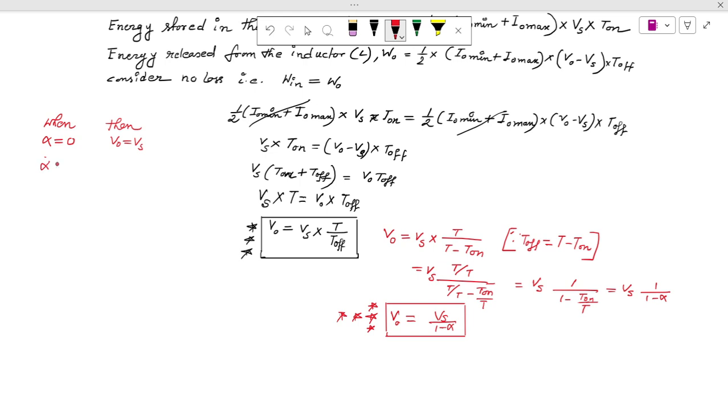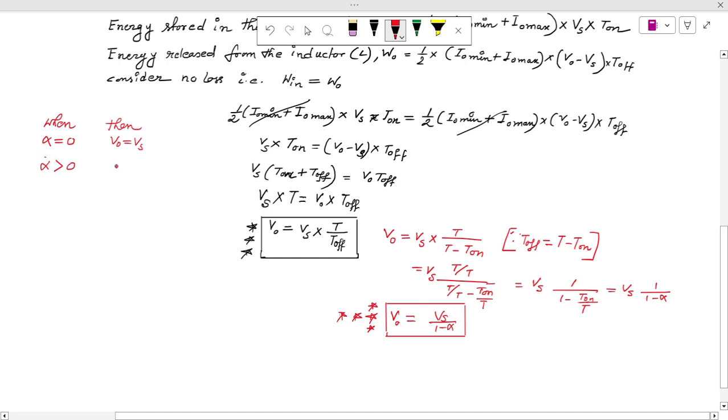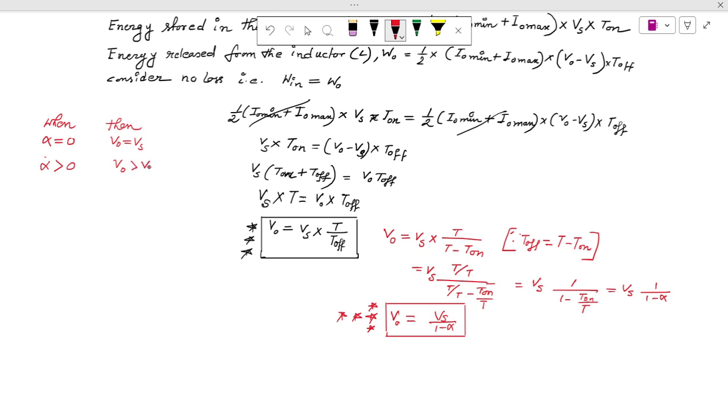If we consider alpha greater than 0, that means V0 greater than Vs. That means with the variation of alpha, we can vary V naught. But here the minimum value is Vs. If we increase alpha, it will increase.